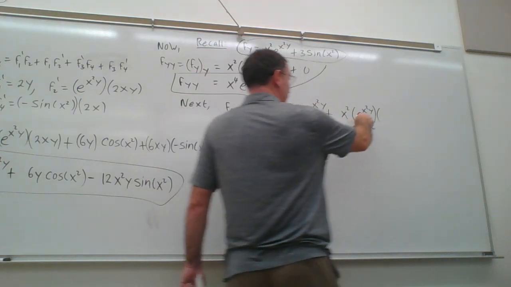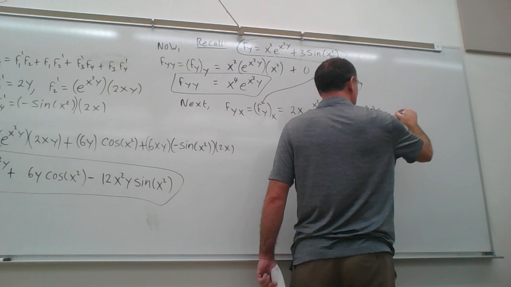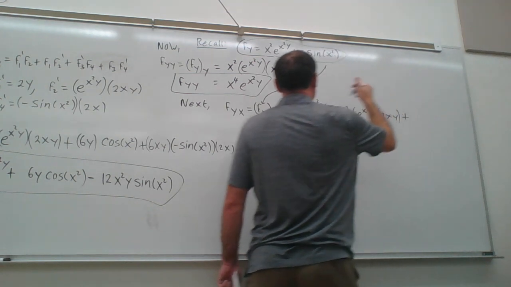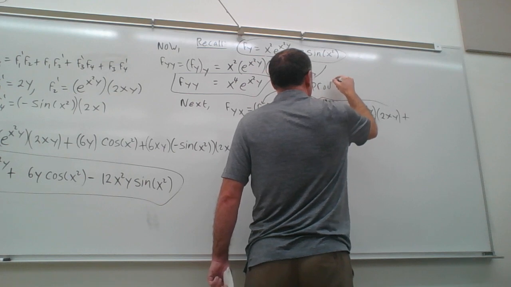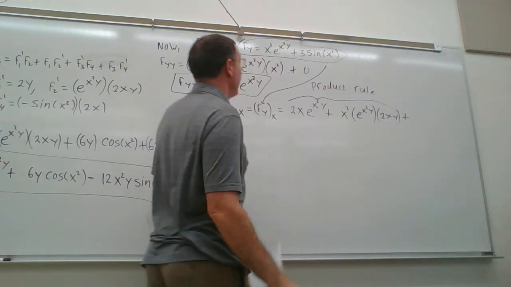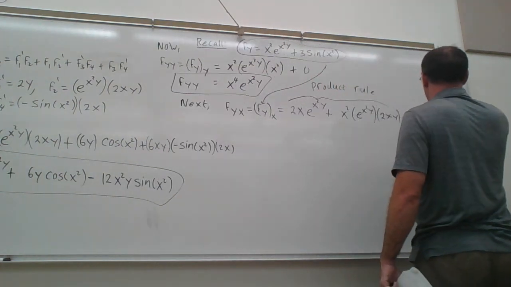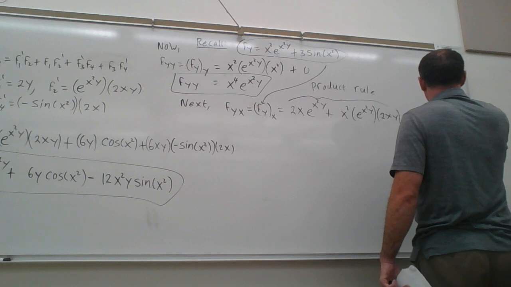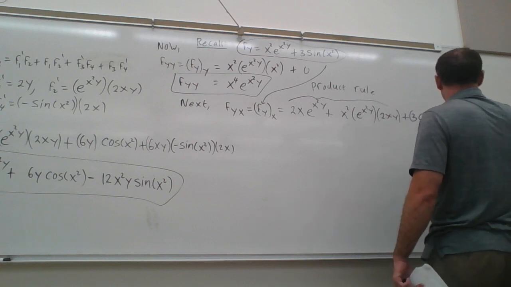So with respect to x, derivative of x squared y with respect to x would be 2xy, and plus, so product rule here. Then derivative of the 3 sine guy, the chain rule. So the 3 cosine x squared times derivative of the inside with respect to x would be 2x.